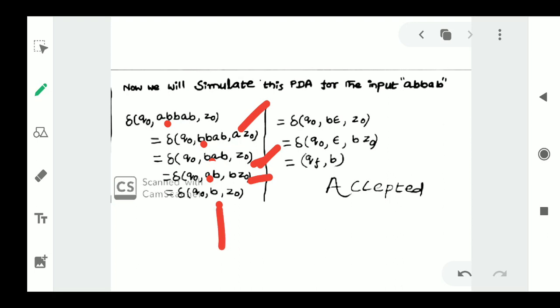Whenever only one B remains, we go directly to the final state with that input symbol. So there is no need for these two steps here. If you add these also, no problem; it doesn't mean we are not performing push or pop operations by reading the input symbol B. We can go directly to the final state with the input symbol A.